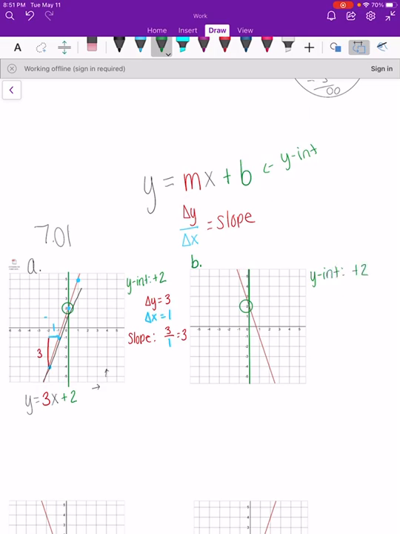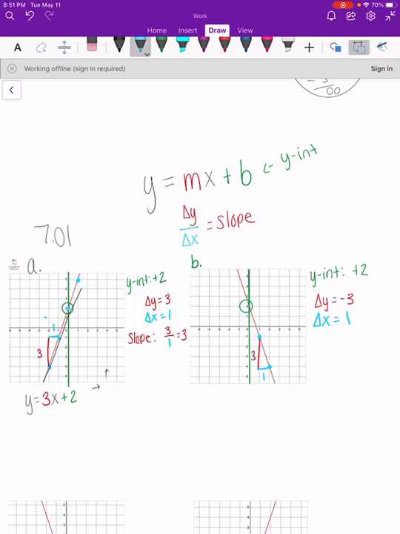And now we have to find our slope. So pick 2 points. It doesn't matter which 2. I'm going to do this one and this one. If I start with my left point, I'm going down 3 and to the right 1. Because I'm going down, my change in y is going to be negative 3, and my change in x is still 1 because I'm still going to the right.